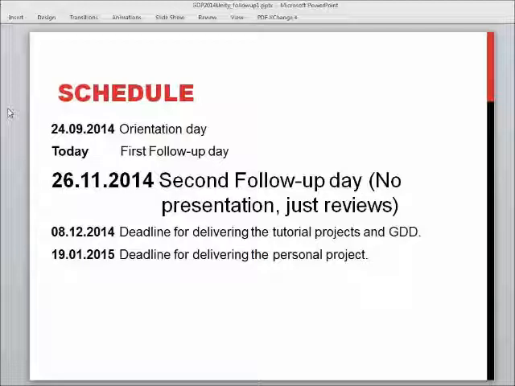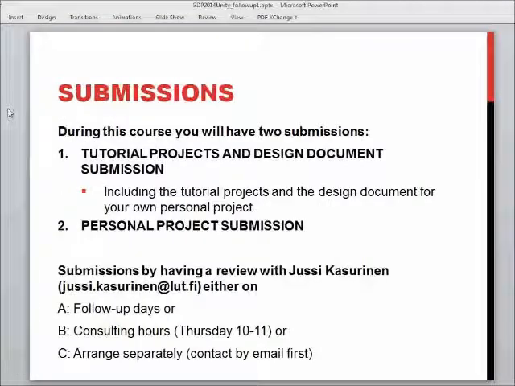The deadline for delivering tutorials is on 8th of December, and the deadline for delivering the personal project is 19th of January next year. That's 1 week before the Game Jam Code Camp. So the idea is that you don't have 2 things at the same time. This is wrapped up before the Game Jam starts.